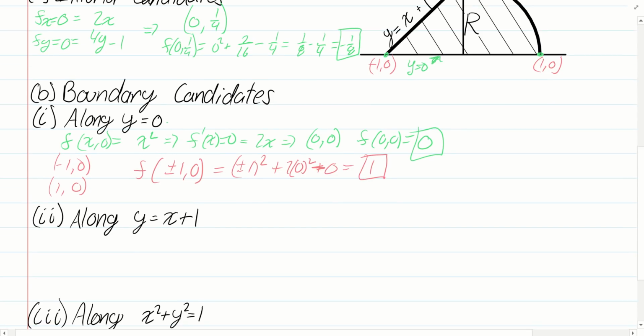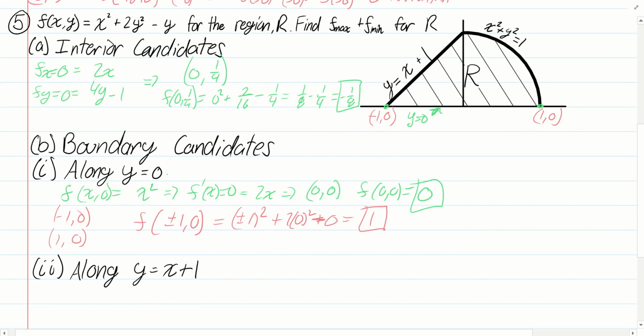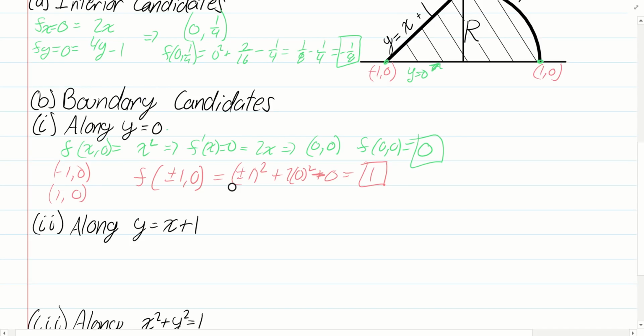Alright, now along y equals x plus 1. There's a new point we haven't touched upon yet, which is this point right here, which is 0 comma 1. So now let's try along y equals x plus 1. It's going to be f of x comma x plus 1, which then equals x squared plus 2 times x squared plus 2x plus 1.